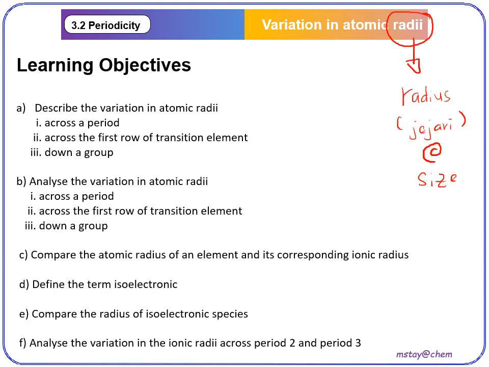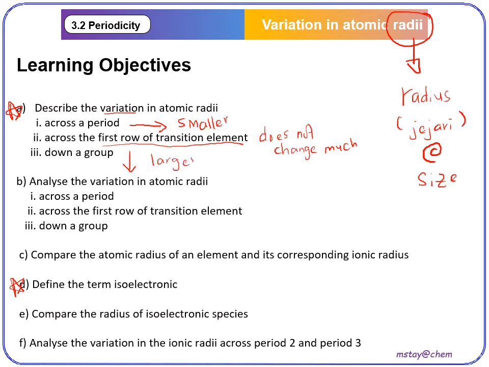Learning objectives A and D are the ones that you roughly get the idea of in your lecture. Describe the variation means that you have to know that across the period the size is getting smaller. In the first row of the transition elements, the size does not change much, while going down the group, the size is getting larger or bigger.